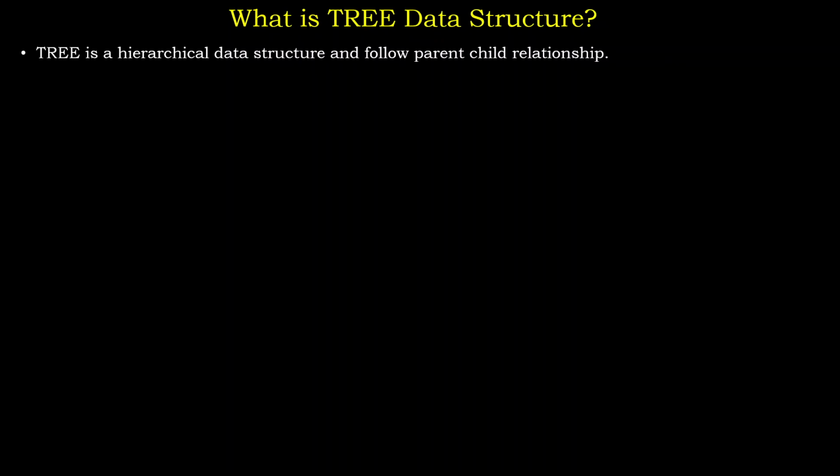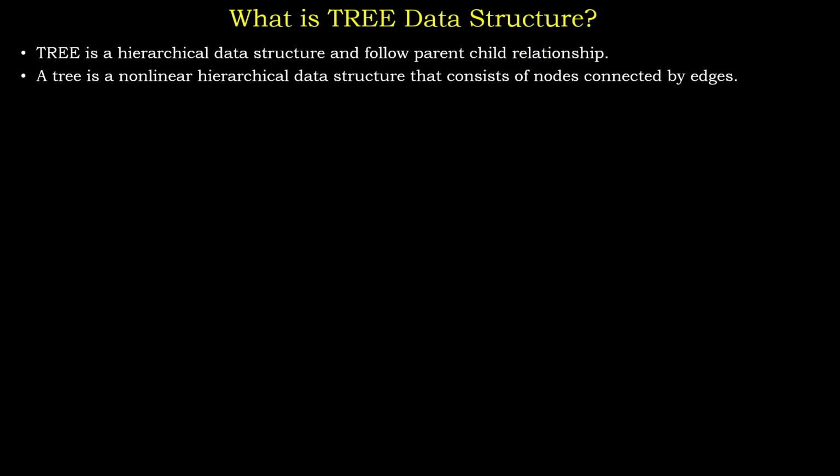Also, a tree is a non-linear, hierarchical structure. Like in some organizations, there will be a CEO, then directors, managing directors, other line directors, then in-charge, then staff, and maybe a peon and others. So there will be one particular hierarchy, one after another.